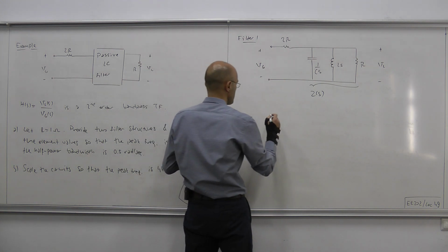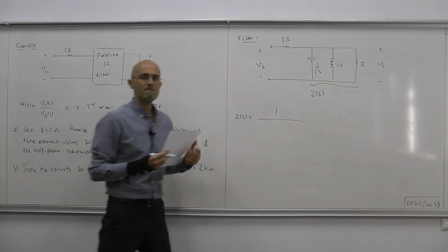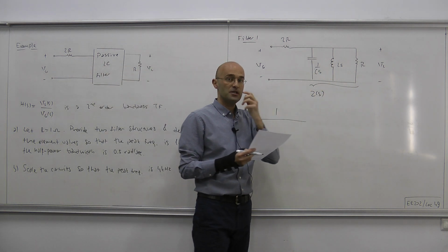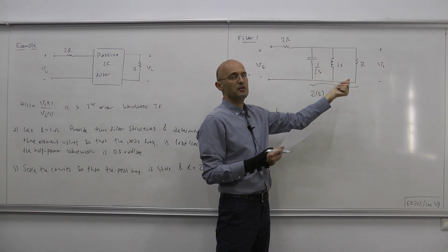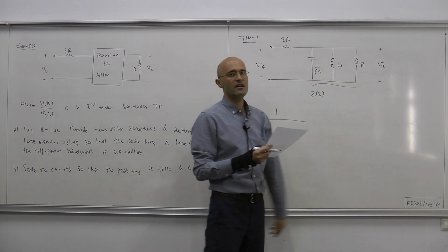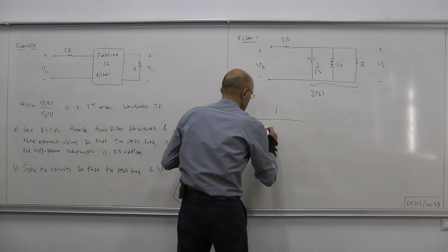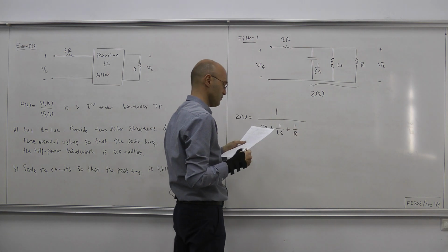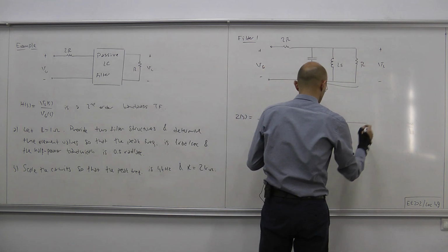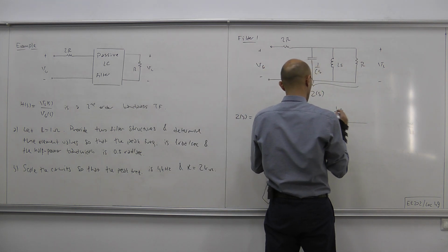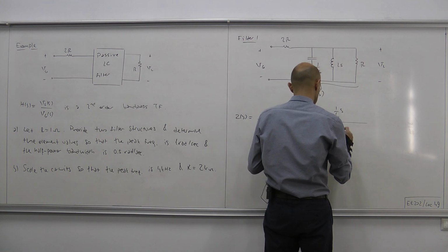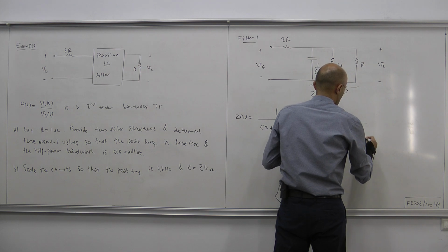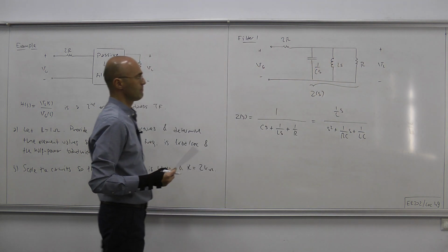So Z of S equals 1 over the equivalent admittance, and the equivalent admittance, since the connection is parallel, is the sum of individual admittances, namely CS, 1 over LS and 1 over R. So CS plus 1 over LS plus 1 over R. That can be shown to equal S squared plus 1 over RC S plus 1 over LC.